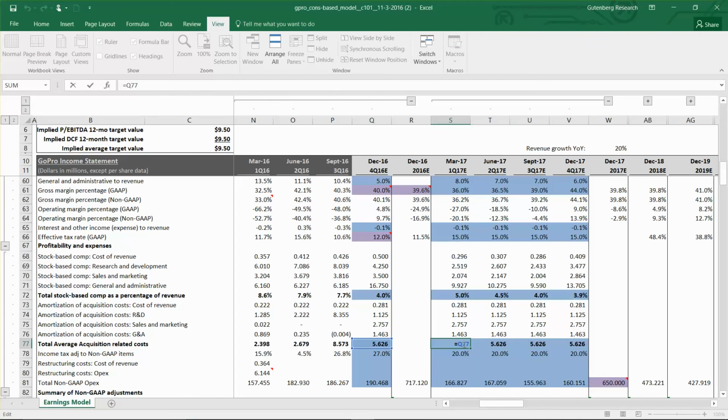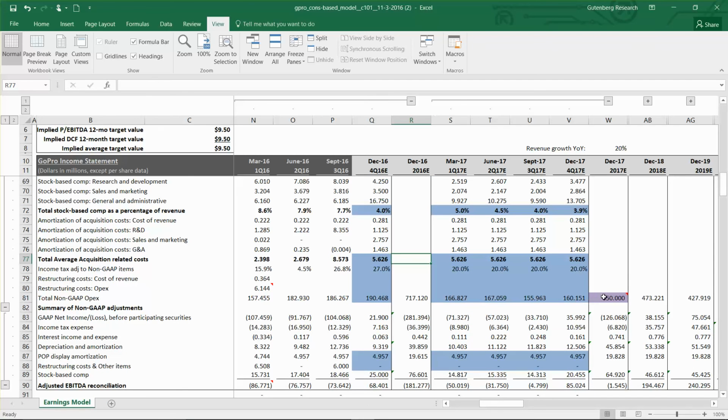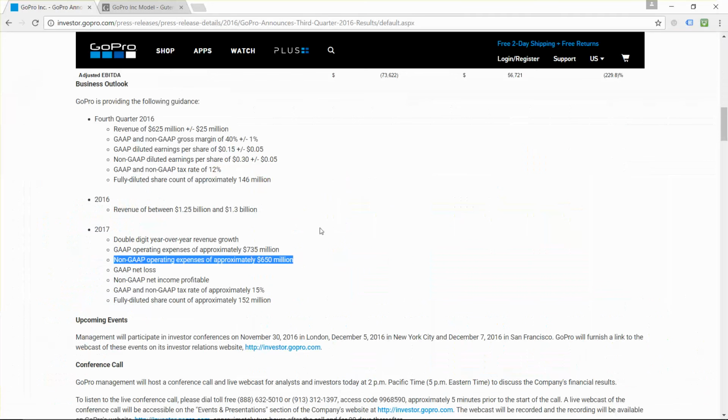So we're still just doing the average of the last 2 reported quarters, and we're setting them all equal for the rest of 2017. When we do that, our total non-GAAP adjusted OPEX comes in at 650 million, in line with the guidance for 2017.